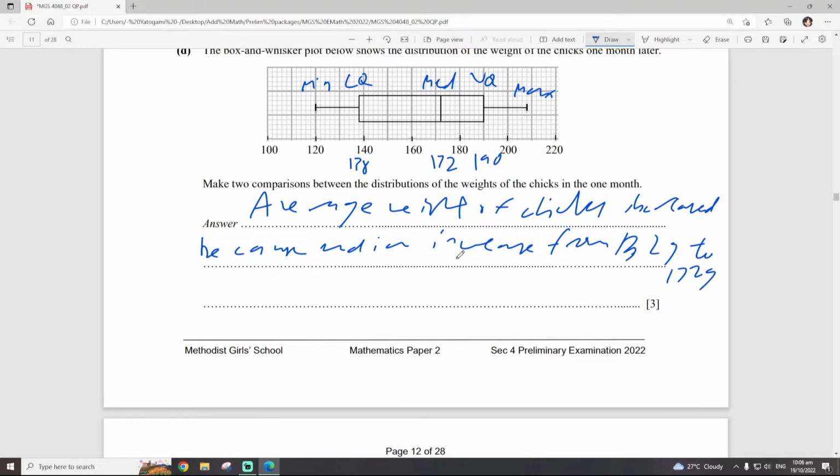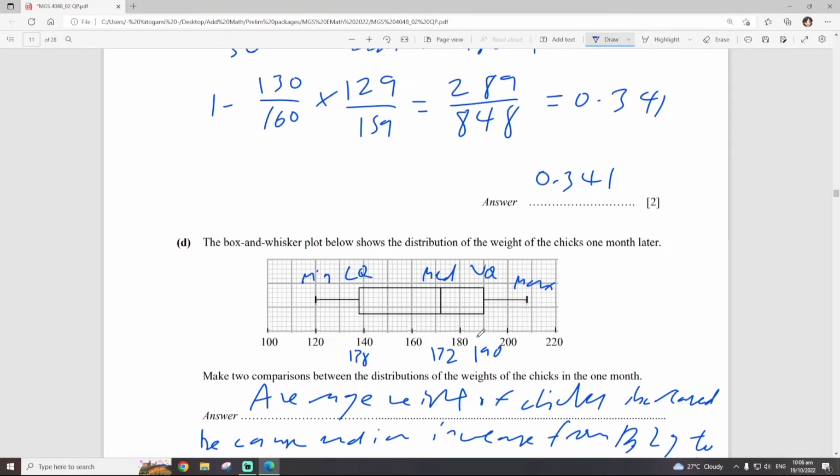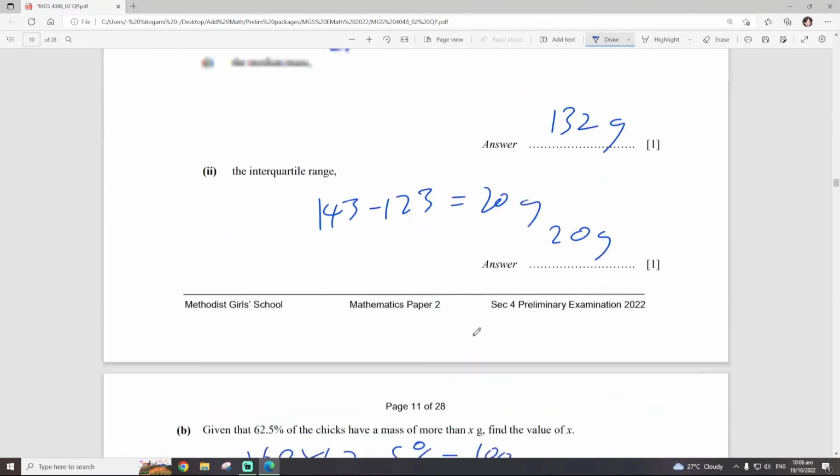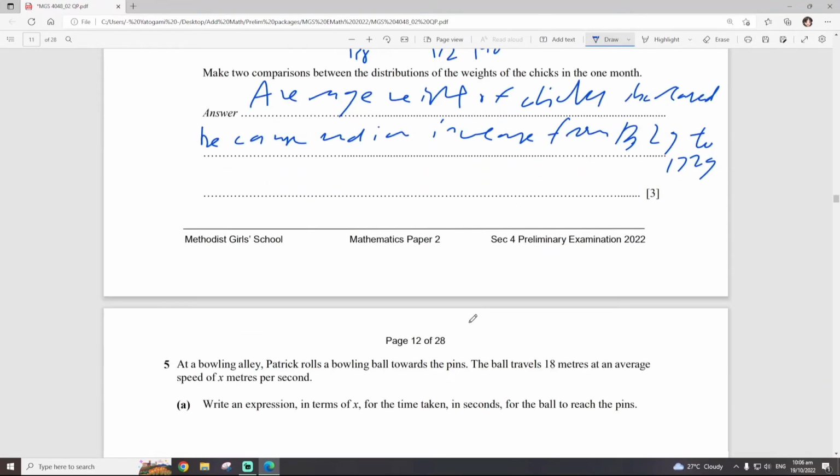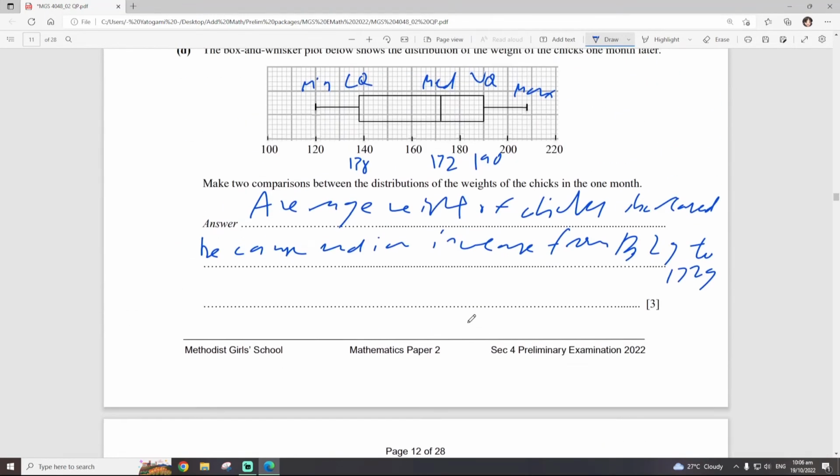But the interquartile range here is 52, and the interquartile range here is 20. Growth is less consistent in chicks after 1 month.